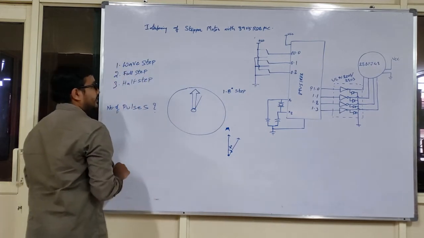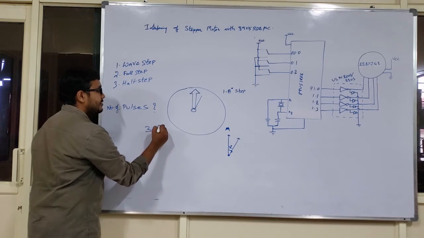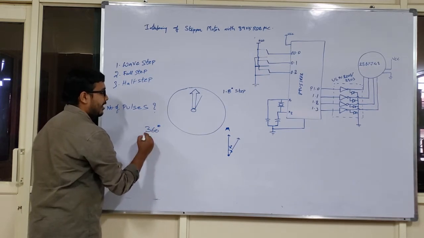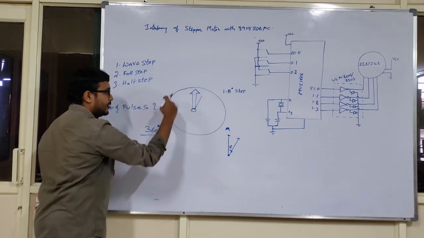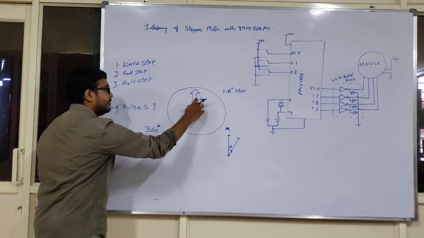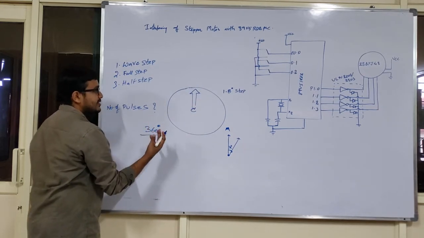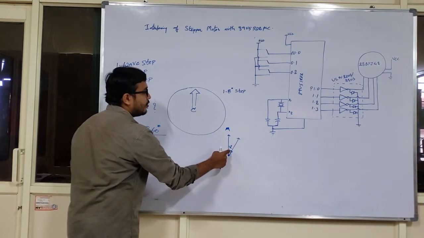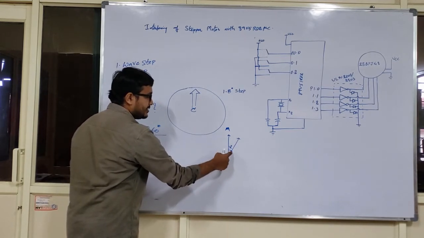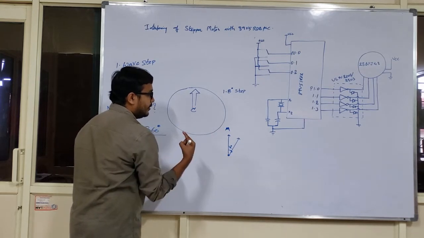Now, to complete this 360 degrees of angular displacement, or to make your shaft move around the circle, to complete one rotation, how many pulses are needed? Each pulse is making one fixed increment, giving x degrees of step resolution.